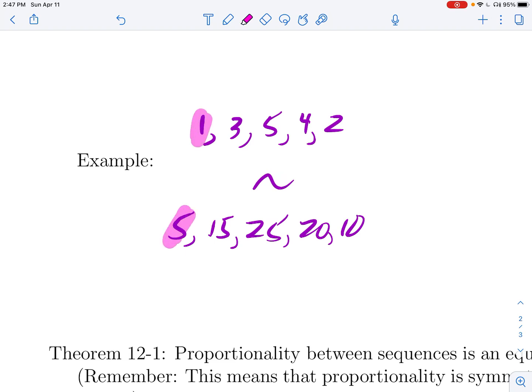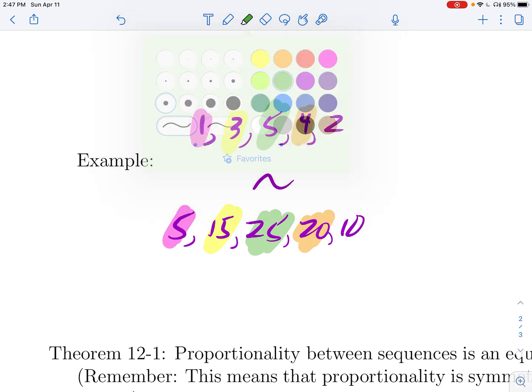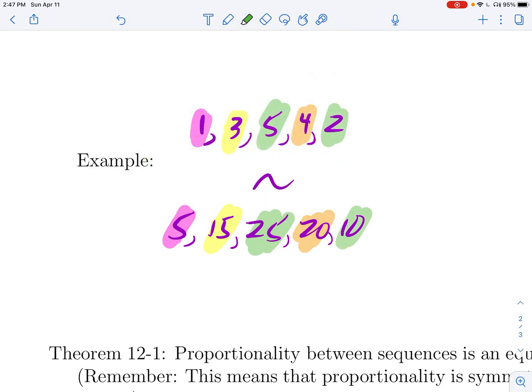Well, 1 over 5 is 1/5. 3 over 15 reduces to 1/5. 5 over 25 reduces to 1/5. The ratio is always the same. If you want to express this using multiplication, if you want to say, oh, we just took all the numbers and multiplied by 5, that's another way of looking at it. It's basically the same fact. When I pair these up, I'm always doing the same thing from the point of view of multiplication and division to explain how the top number is related to the bottom number.